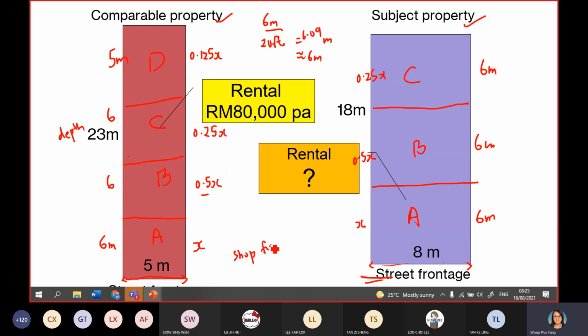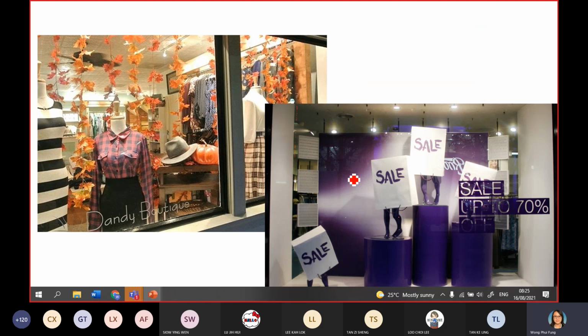Shop front. I think I have one picture. Yes, this one. Can you see or not? Shop front. So this is the space very crucial for all the retailers. They have to place something interesting as their window display to attract the customer, because the first thing people see when they go into the shopping mall is the shop front.